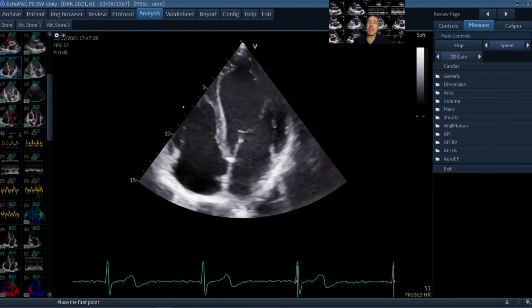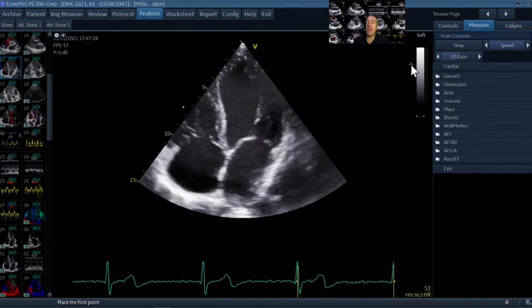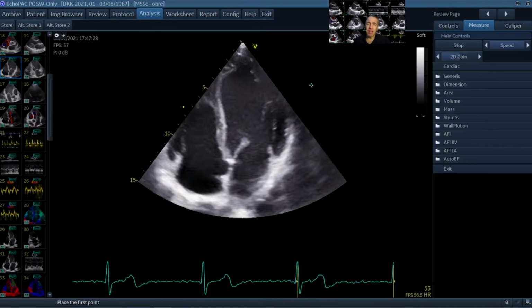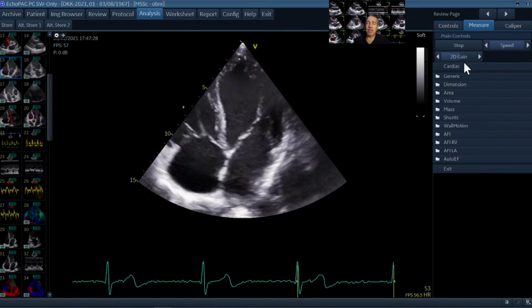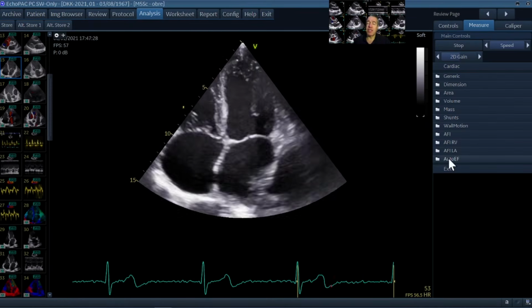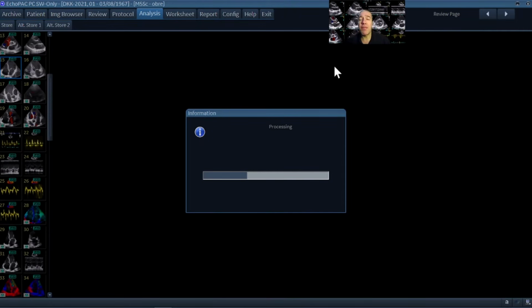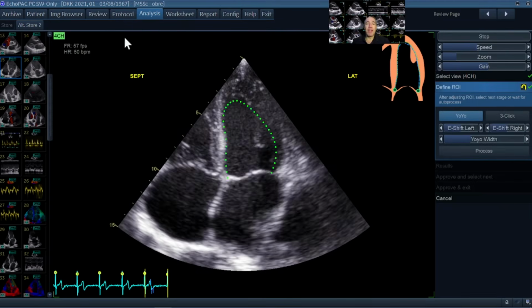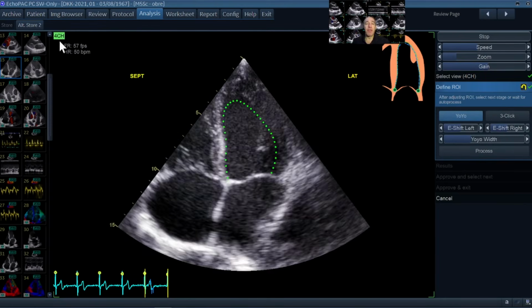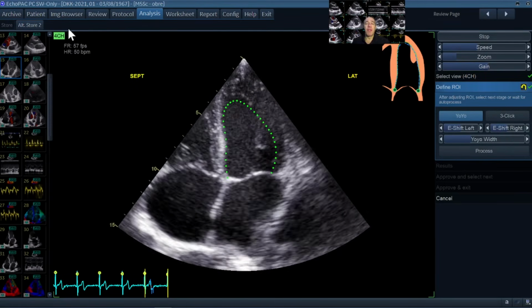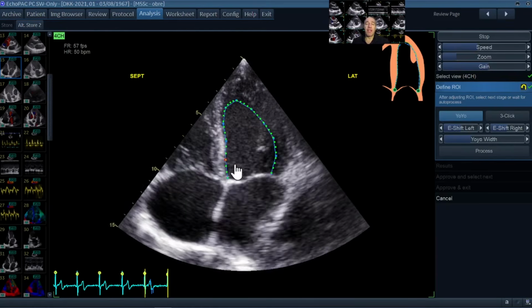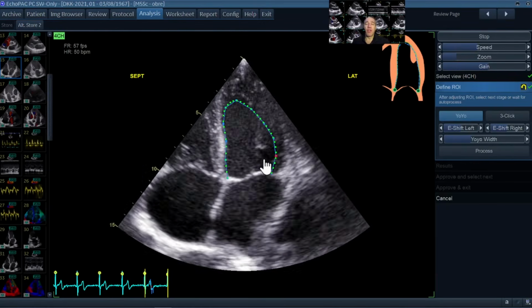Before I have to do this manually, I will show you the auto EF method, which is based on artificial intelligence. And if you choose the auto EF, in this case, the device already detects that this is an apical four-chamber view. This is automatically detected, and already some contours are drawn.